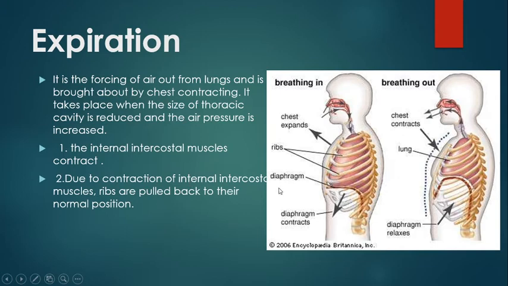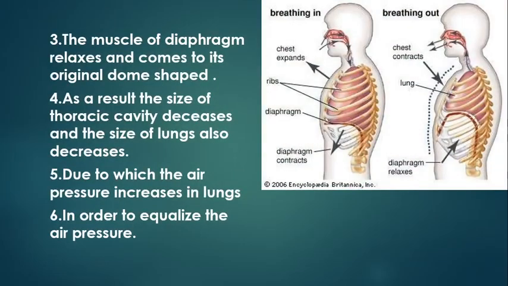Due to the contraction, the ribs are pulled back to their normal position. The muscles of the diaphragm relax, and that is why the original dome shape comes back.